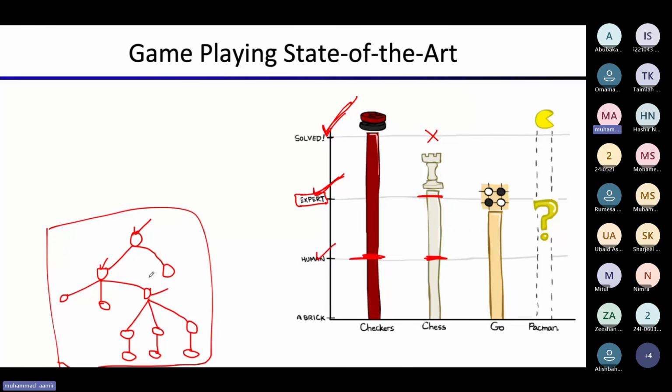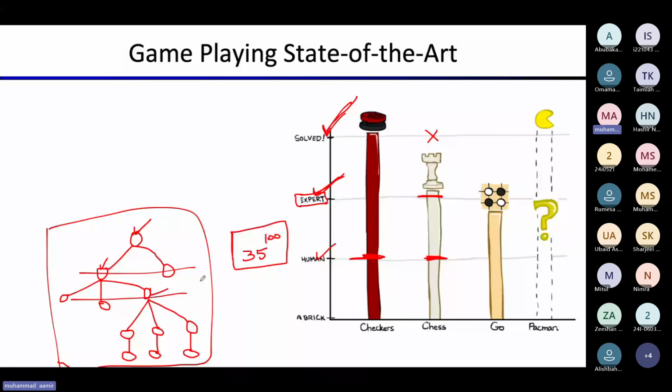In chess, on average, the branching factor is 35, meaning there could be 35 branches at each level, and there are on average roughly 100 levels of depth. So now just calculate this figure, 35 to the power of 100. That is the number of states that exist in the state space, the game tree, of the chess game.